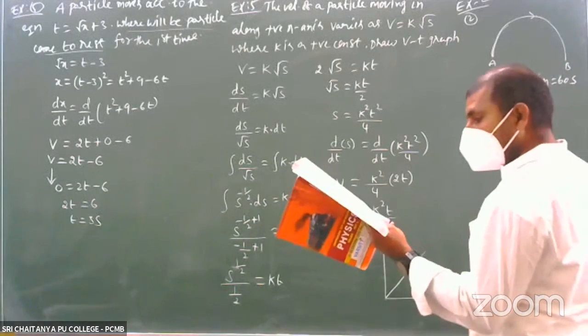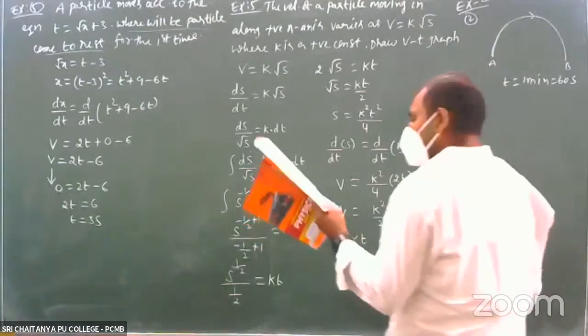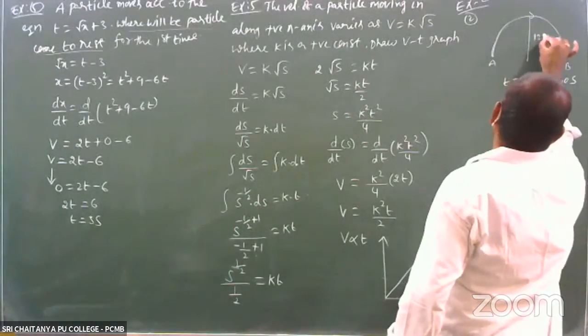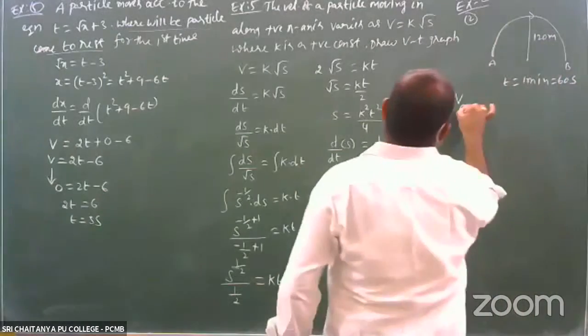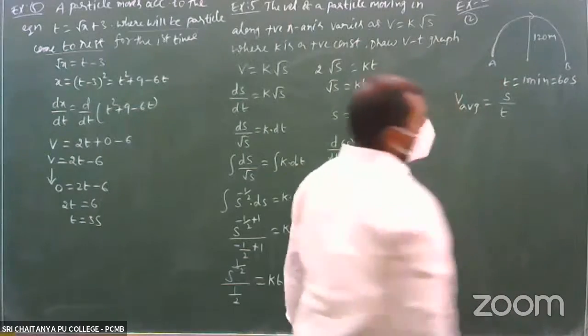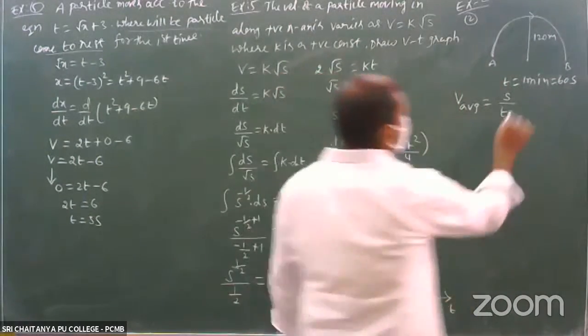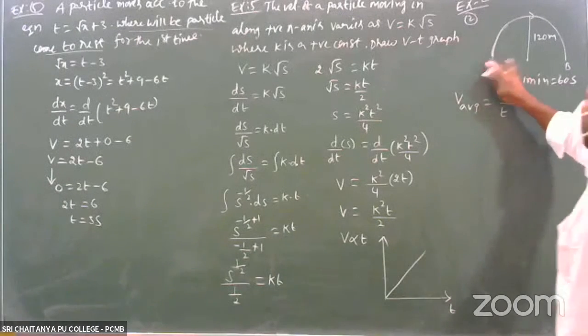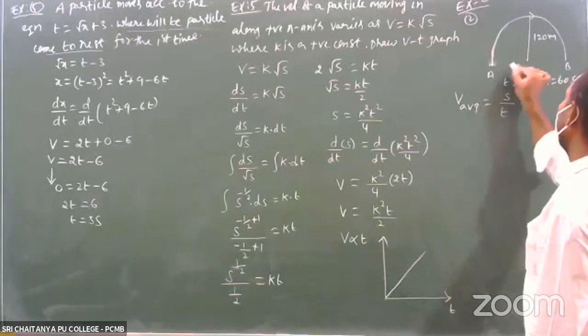What are they asking? The average velocity, and the radius of the circular path is 120 meters. Average velocity is total displacement by total time. Displacement means the shortest distance between initial and final points. Here A is the initial point, B is the final point.